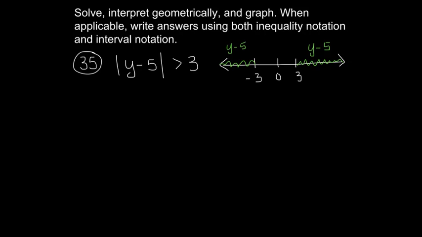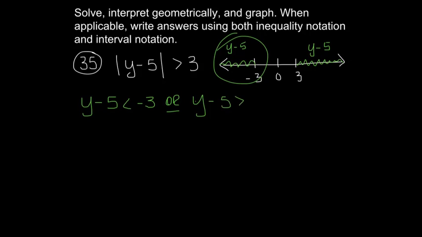The two different sections represent the two different places where I can take my solutions. So if I write these as inequalities, this one would tell me that as long as y minus 5 is less than negative 3, I have a solution to the inequality. Or if y minus 5 is greater than positive 3, that's also a solution.